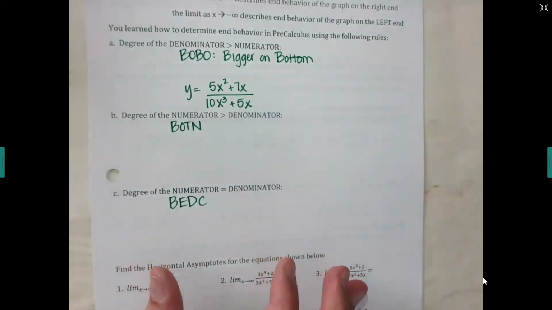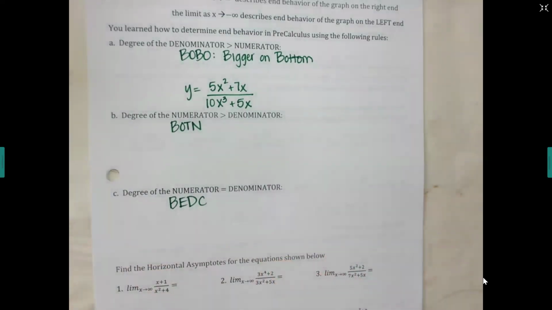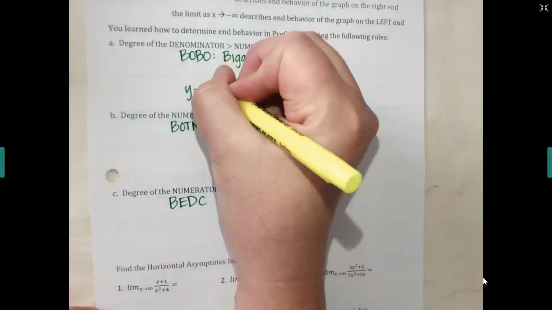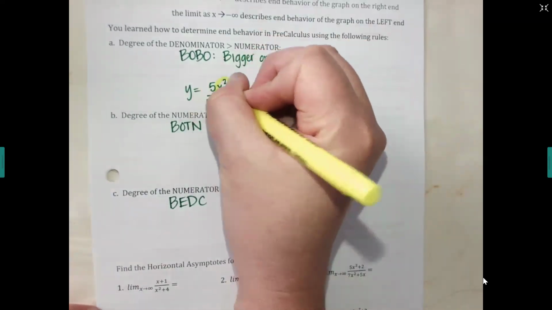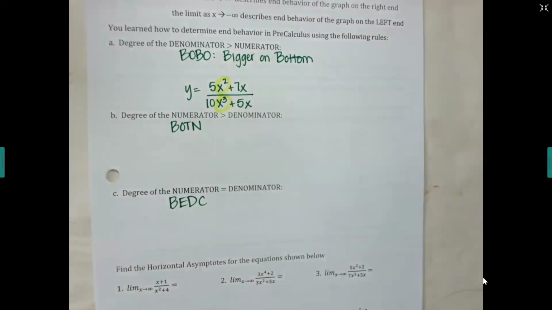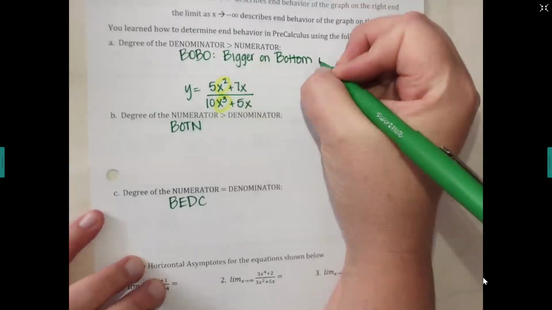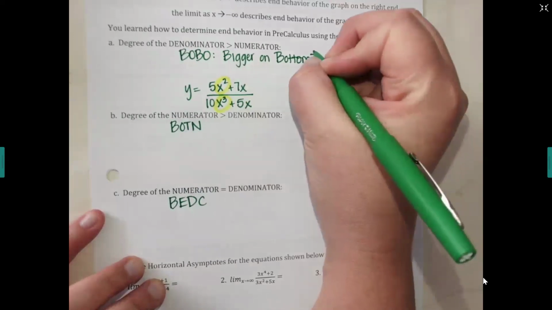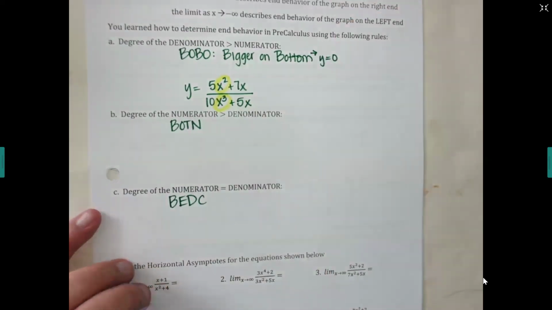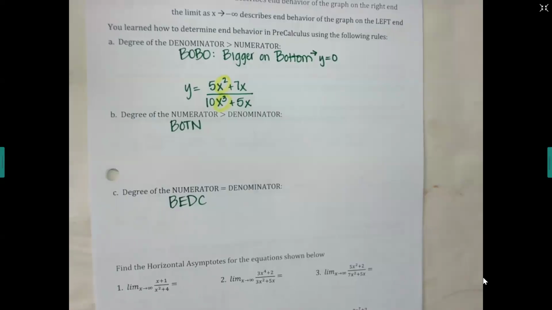So when I say bigger on bottom, we're talking about the power. So what I mean by that is circle comparing x squared versus x cubed. The x cubed is bigger and it's on the bottom. The last O in Bobo, bigger on bottom, means that the ends curve to 0.